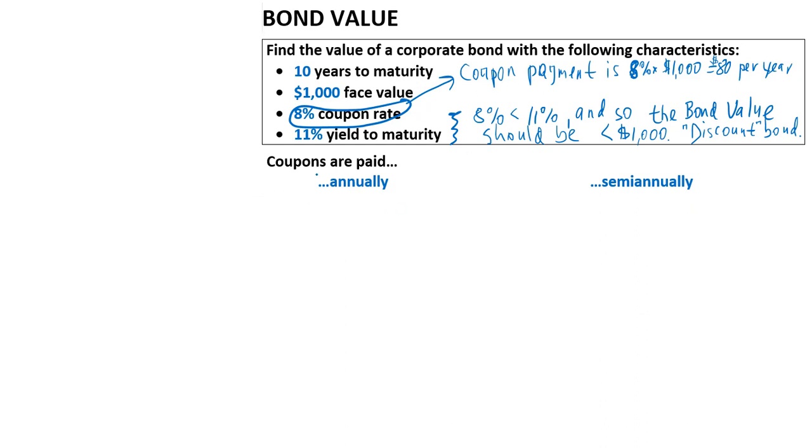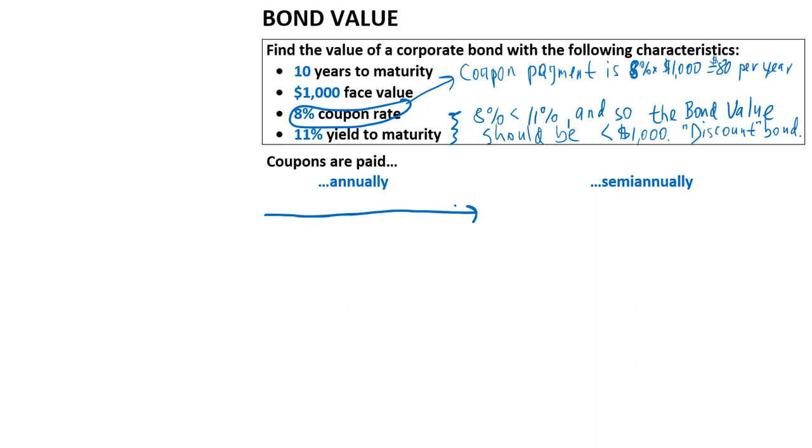Okay, well, we actually want to do two sets of calculations. What if the coupon payments are paid annually, once a year? And what if instead they are paid semi-annually, which is how it normally is in real life? What's the difference?